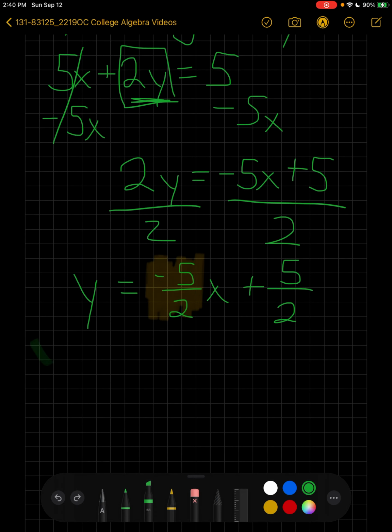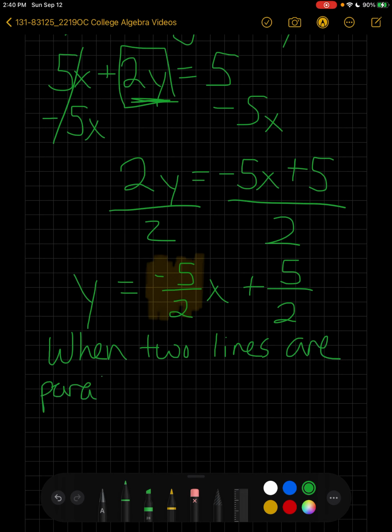And here's a fun fact. You may remember this, you may not, from the previous video. When two lines are parallel, they have the same slope.